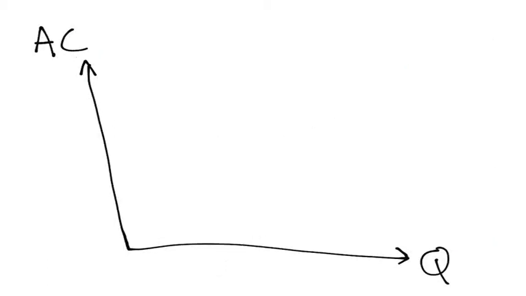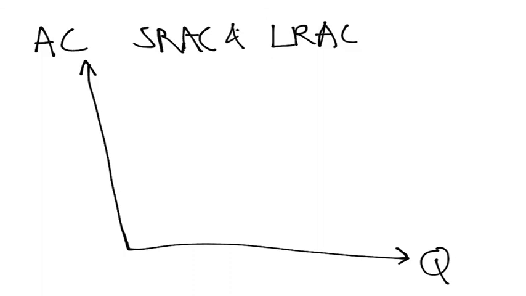Now, we'll be talking about the relationship between the short run average cost curve and the long run average cost curve. Okay? So, let's think of a situation. This is the short run average cost curve 1.